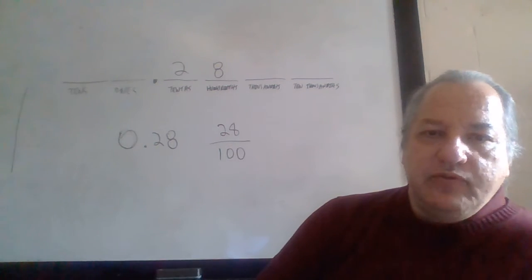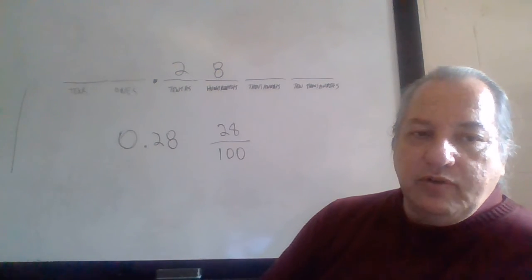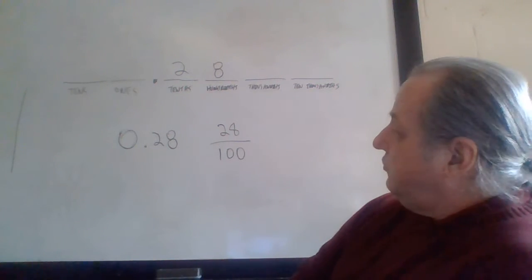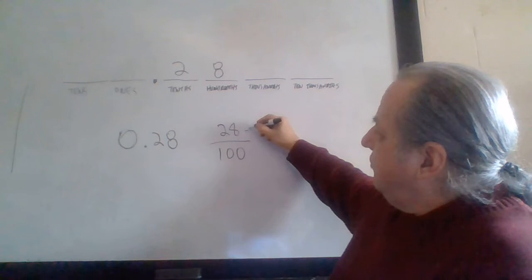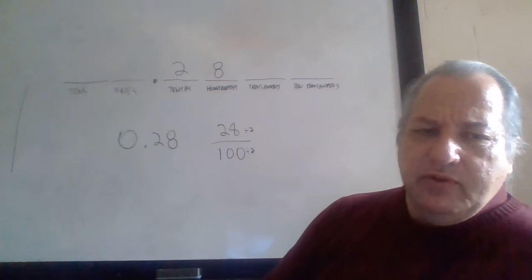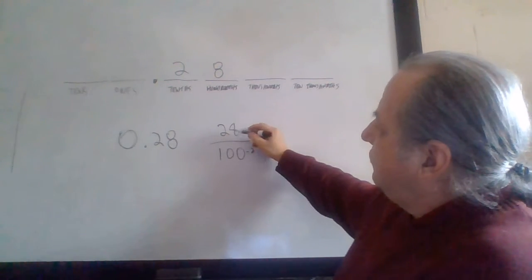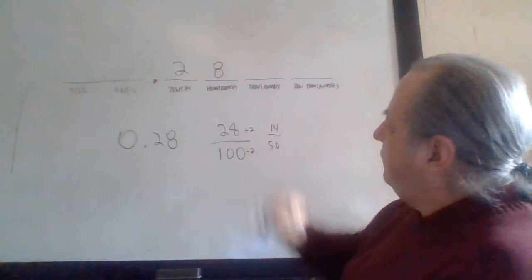And again, ask myself the question, is 28 over 100 a fraction in its simplest form? The answer to that is no. So use your divisibility rules. It's an even number. There's a faster way than using 2, but we'll just go that way, since it's easy to see that they're both even numbers, so 2 will work going into both of them evenly. So 28 divided by 2 is 14, and 100 divided by 2 is 50.